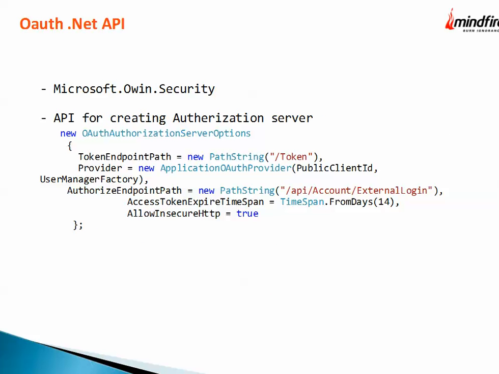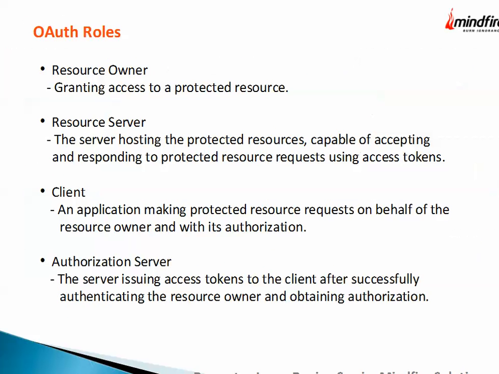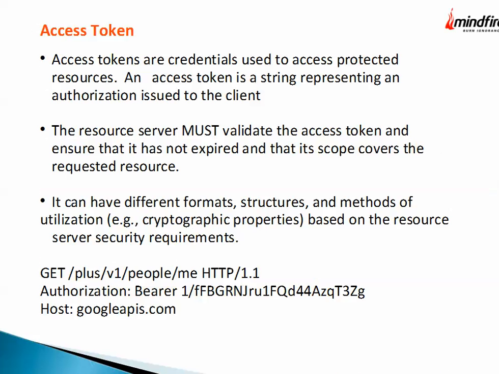Then we'll discuss the OAuth .NET API, how we can use this API to create the authorization server, then the REST server, and the other things: authorization server, resource server, and resource owner.